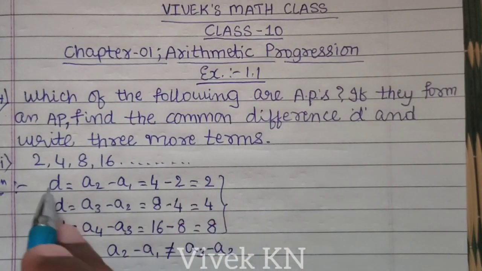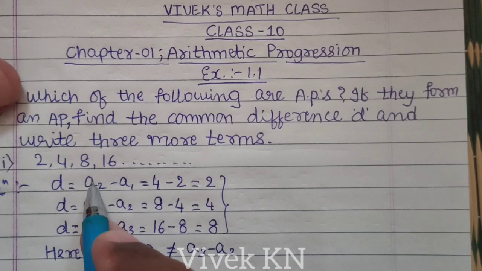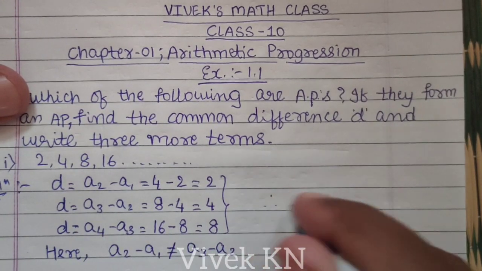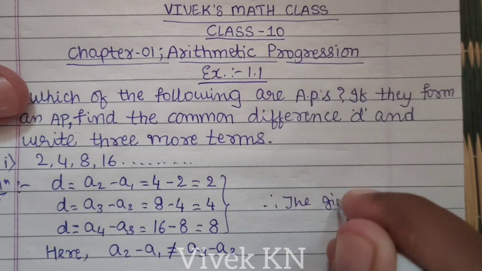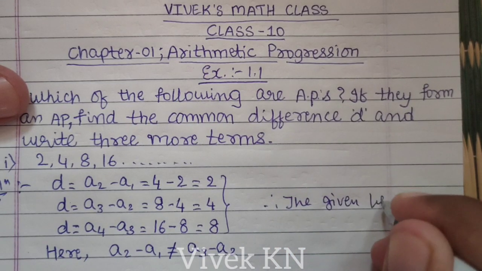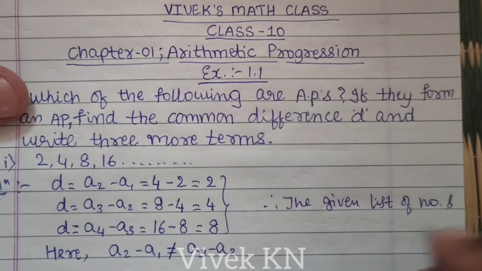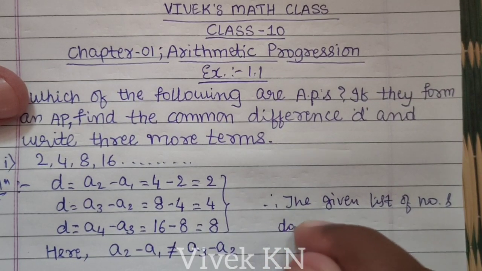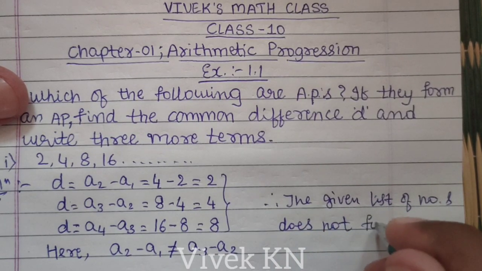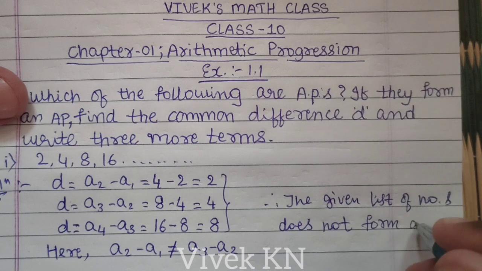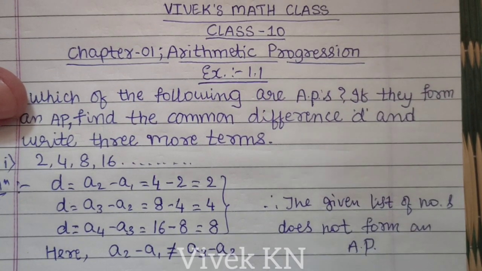Therefore, the given list of numbers does not form an arithmetic progression.